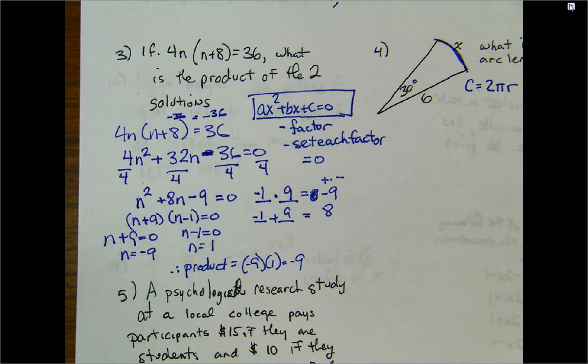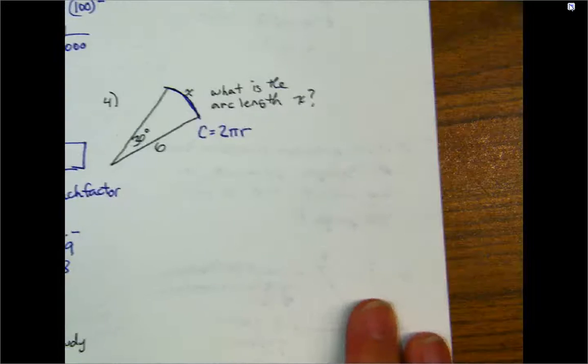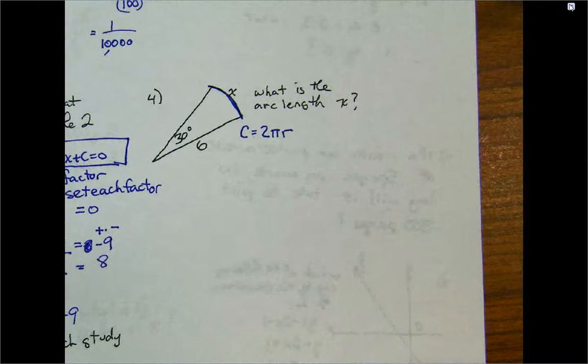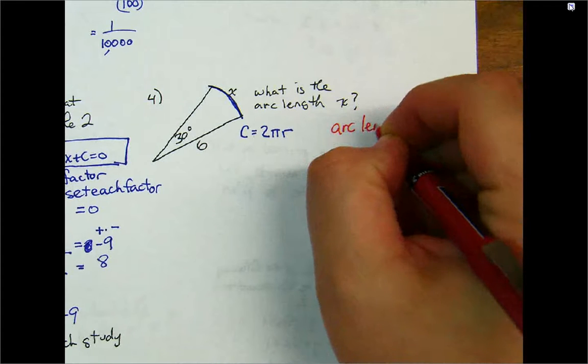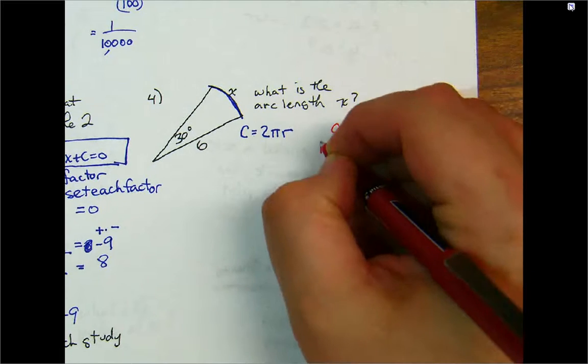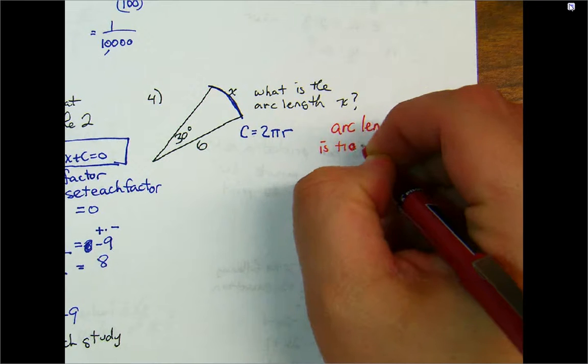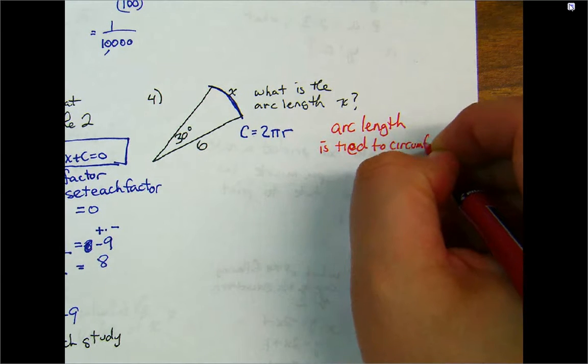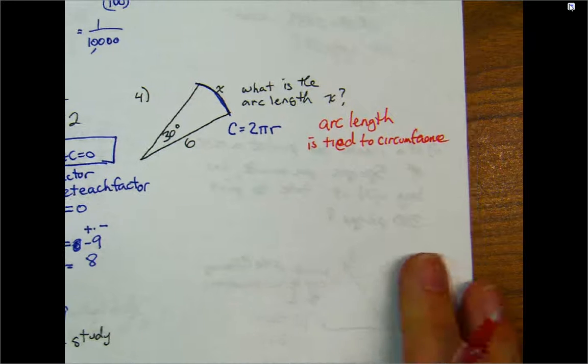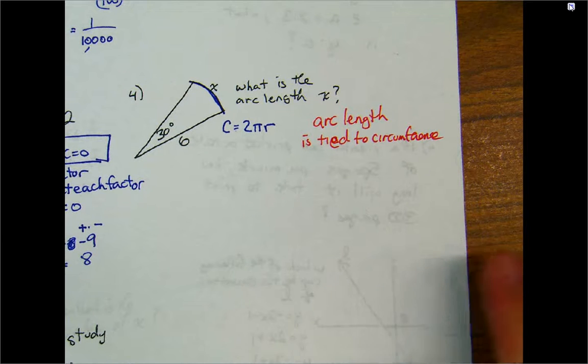Now, arc length. Arc length is tied to circumference of a circle.